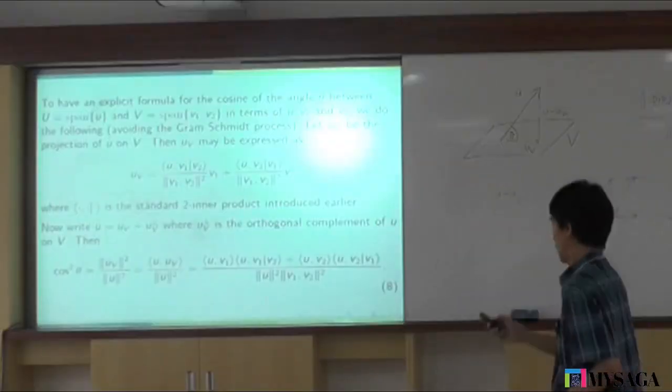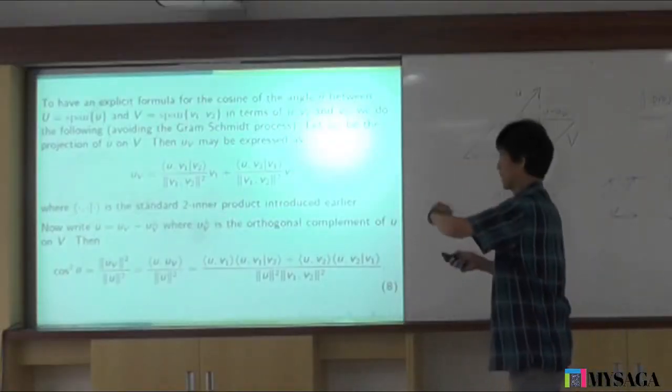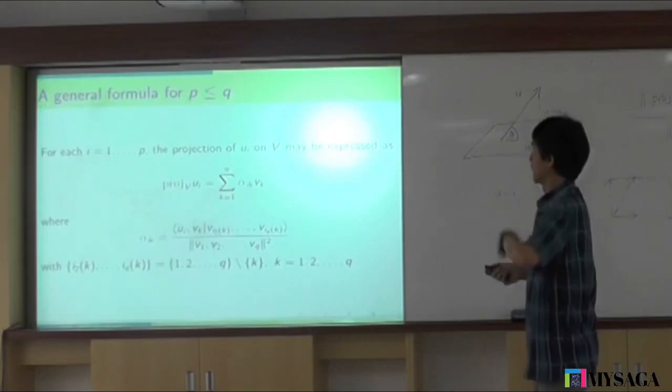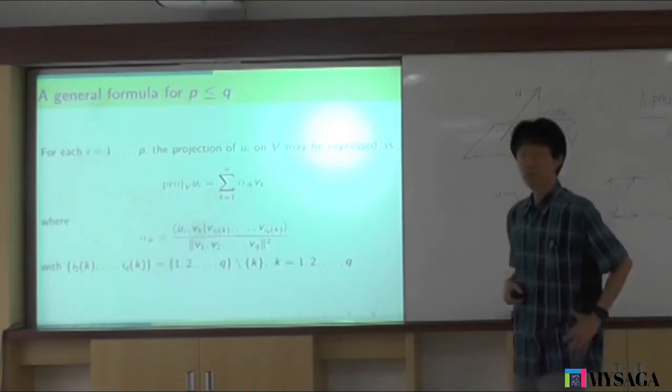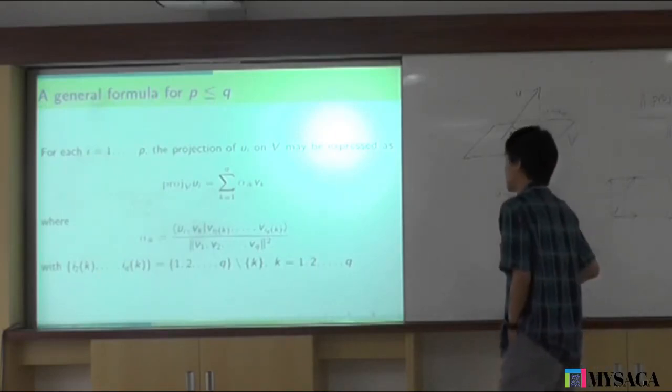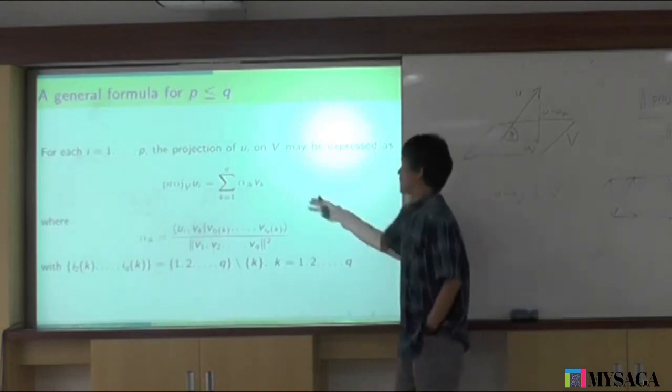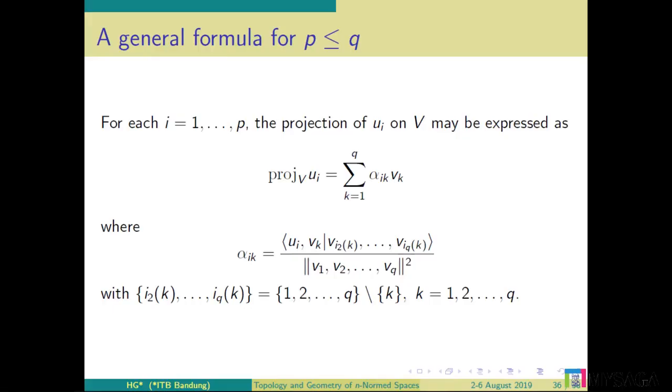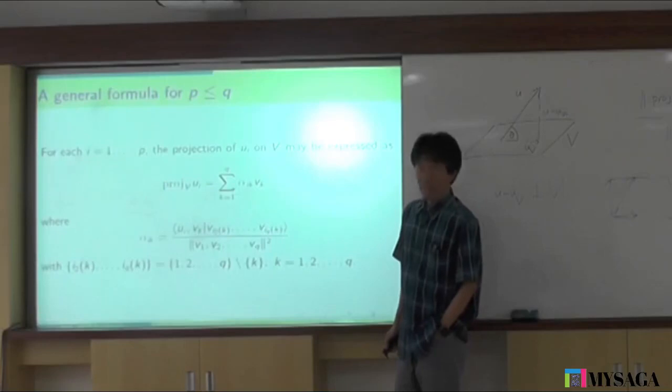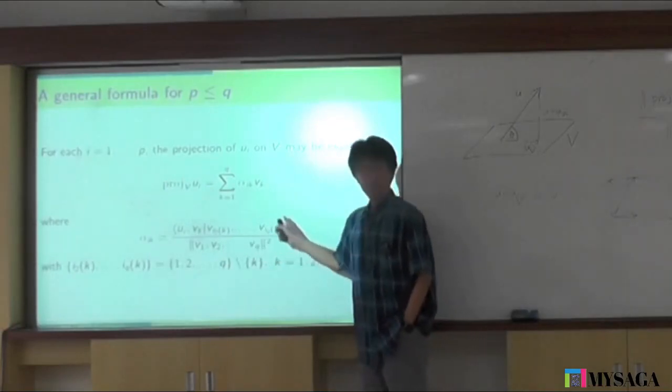But then, of course, what is the general formula? Okay, so we have to do linear algebra here. The projection of UI on V is given by this in general, but we have to find the scalars. The scalars are given by this.